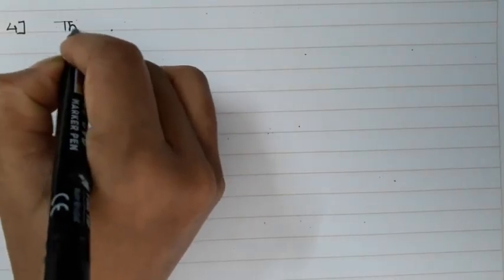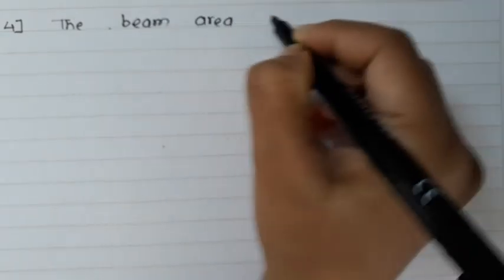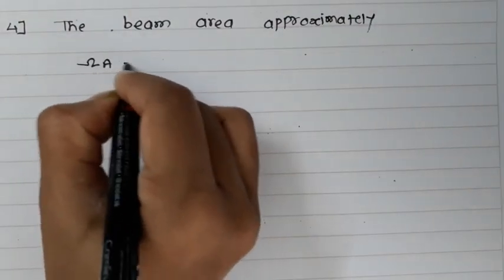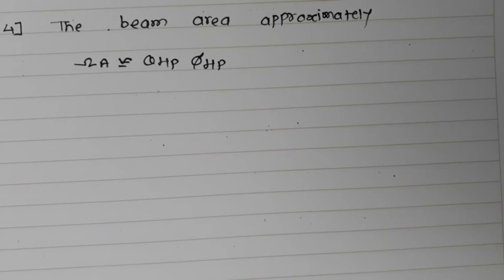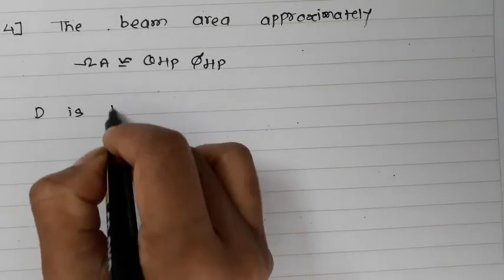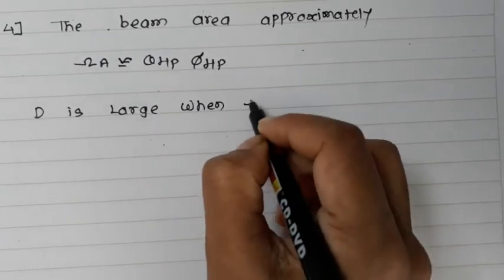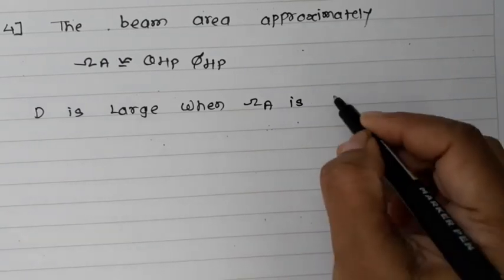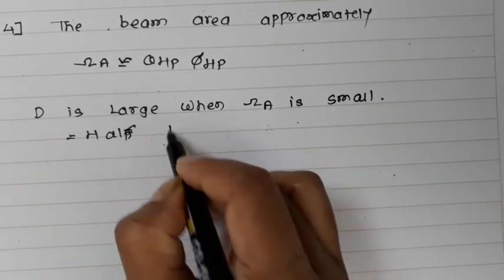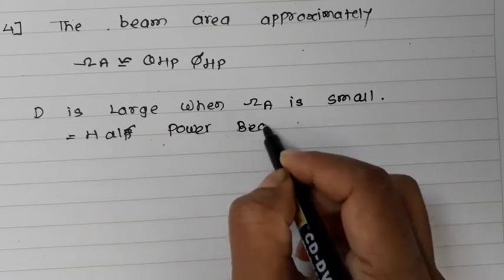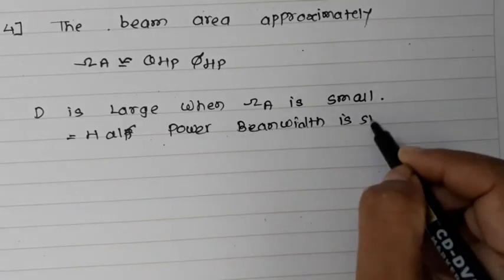So the fourth property: the beam area approximately is Omega A, which is theta HP into phi HP. Thus D is large when the beam area is small, and for having this small you must have a small half power beamwidth.